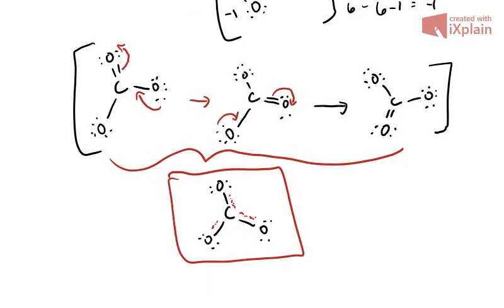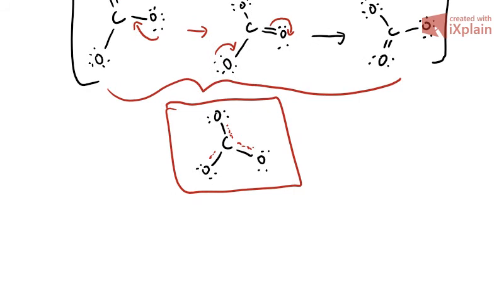Okay, now these double bonds move, and they can move from one highly electronegative atom to another. Okay, they have to have an electronegative atom to go to, and they also have to have lone pairs to replace the double bond that leaves.